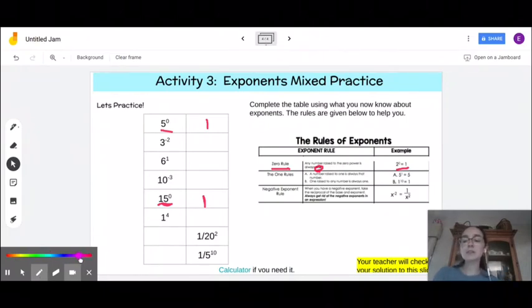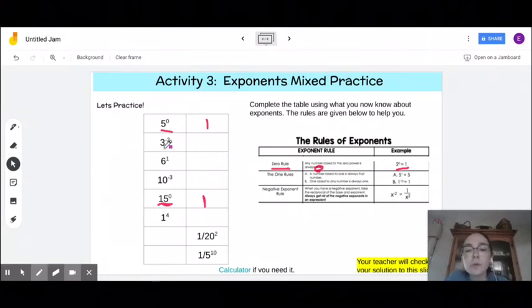Now let's take a look at question number 2. I have a 3 to the negative 2. Let's see if any of these rules talk about negative. A negative exponent rule: when I have a negative exponent, take the reciprocal of the base and the exponent. Always get rid of the negative exponent in the expression.